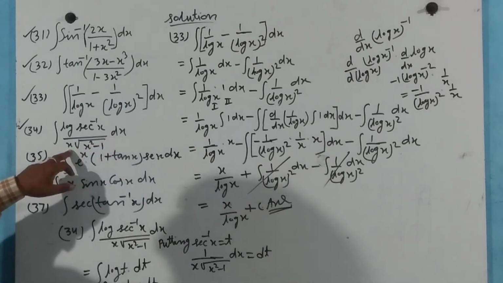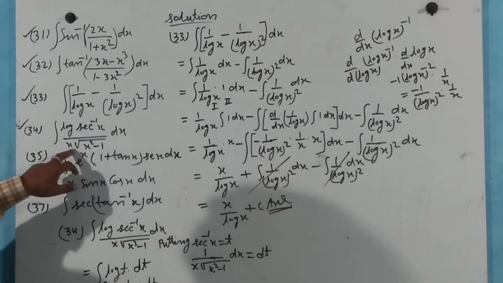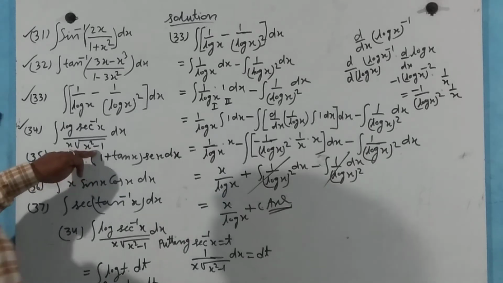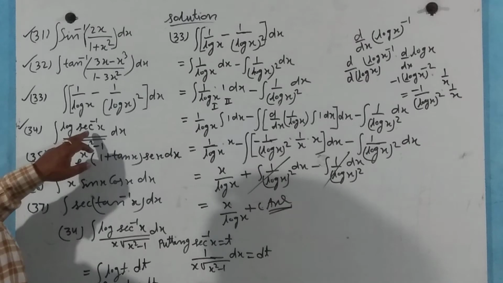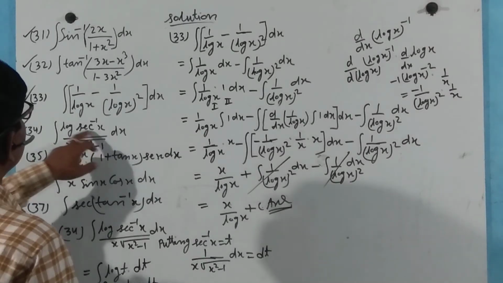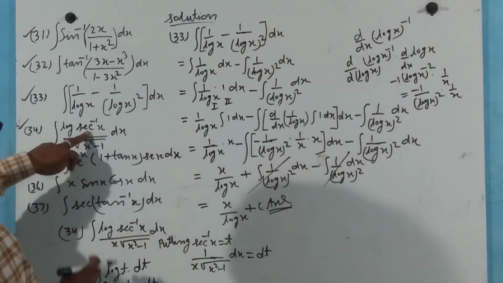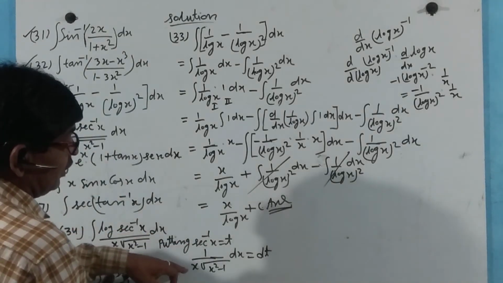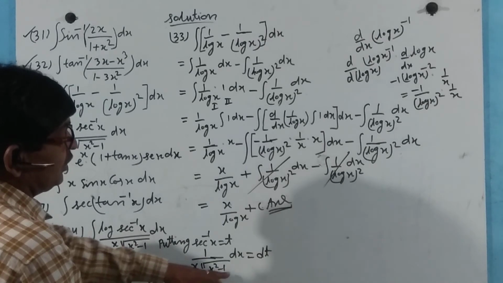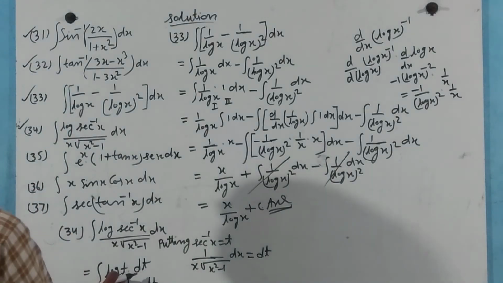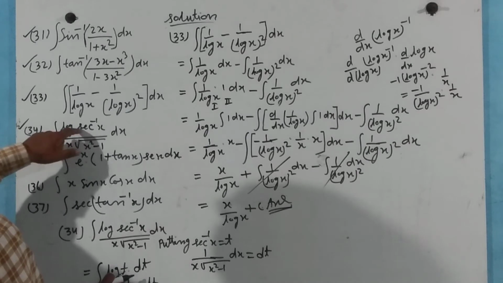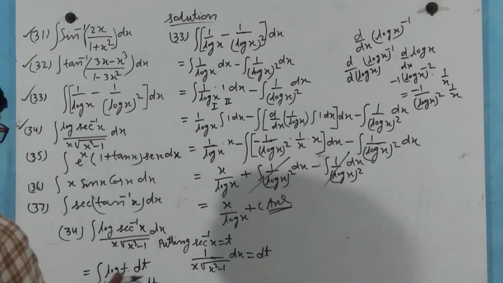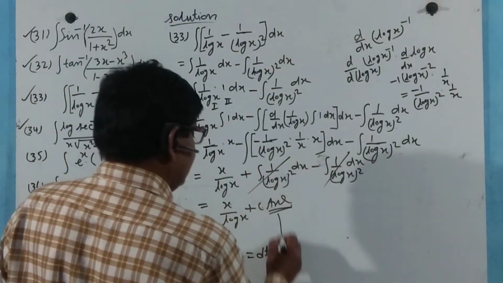Here, putting sec inverse x equal to t, this is equal to log t, and differentiating it, 1 by x square root of x square minus 1 dx is equal to dt, so that this is equal to the integration of log t dt. We take log t as the first function and 1 as the second function. This can be written here.